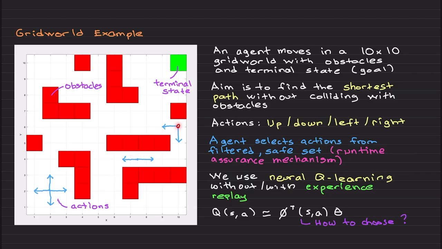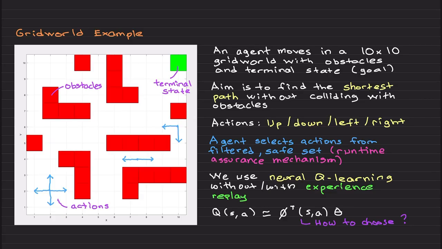Or let's say the agent is here. These are the safe actions. You cannot hit the obstacle and you cannot leave the grid. So basically, in each position, this runtime assurance filters those actions, and then the agent chooses actions only from the permissible action set.